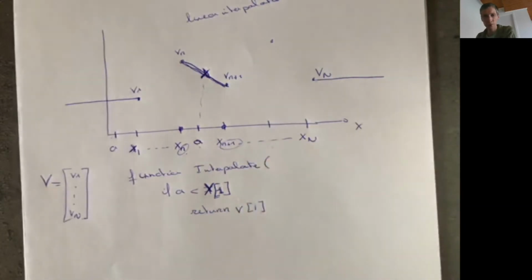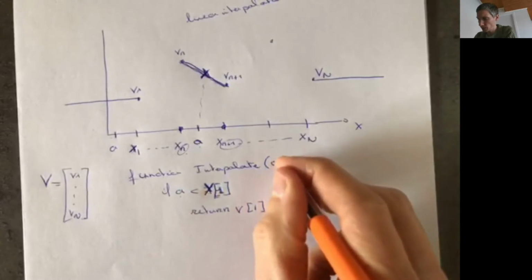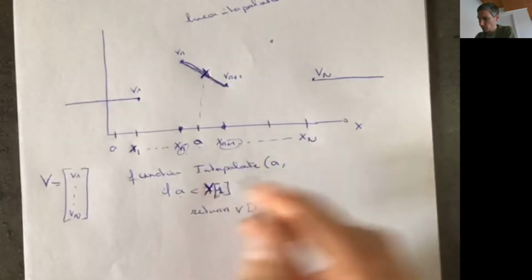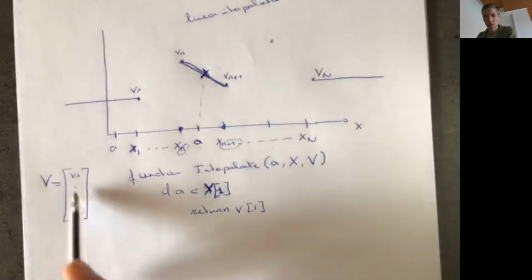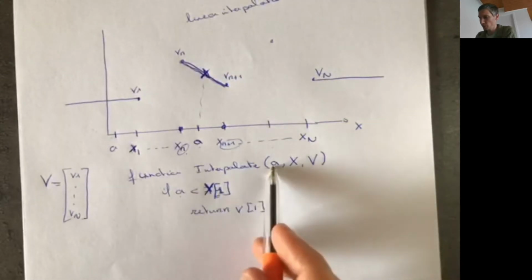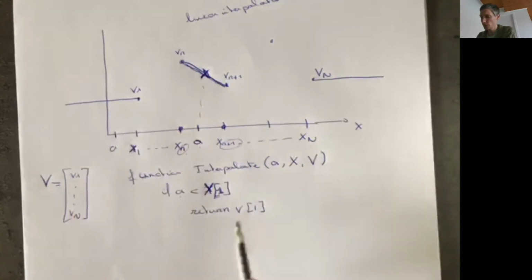The interpolation is going to take a value a at which we want to evaluate the function. It's going to take our vector x, and our vector v of values. So if the point at which we want to evaluate is before the first value of x, we're going to just put v1.